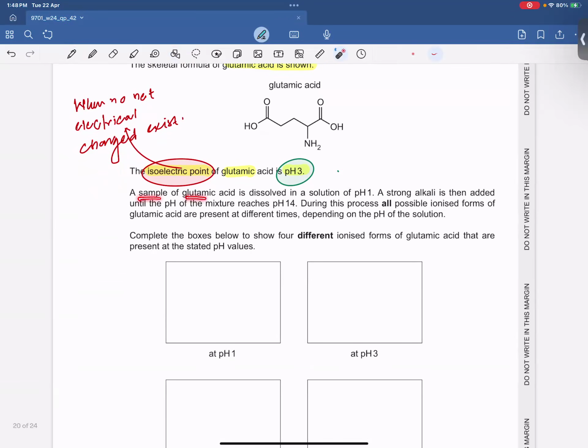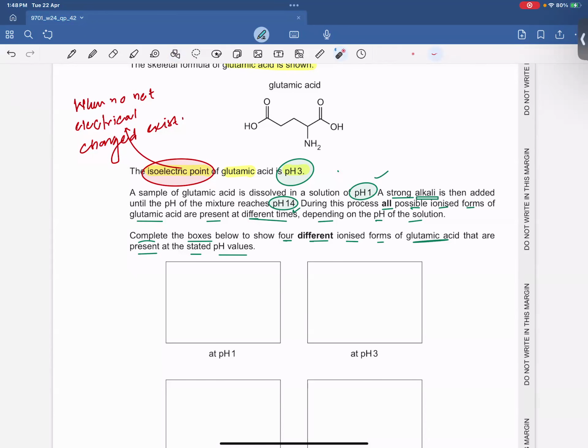A sample of glutamic acid is dissolved in a solution of pH 1. A strong alkali is then added and the pH of the mixture reaches pH 14. During this process, all possible ionized forms of glutamic acid are present at different times depending on the pH of the solution. Complete the boxes below to show 4 different ionized forms of glutamic acid that are present in the stated pH values. In 1, in 14.